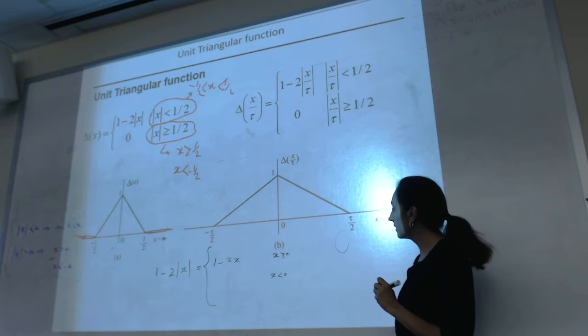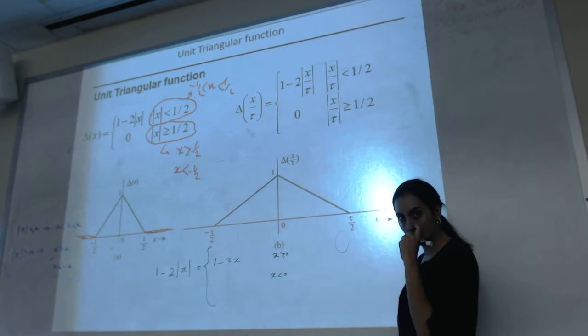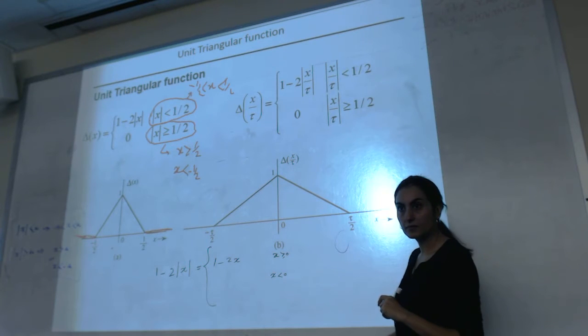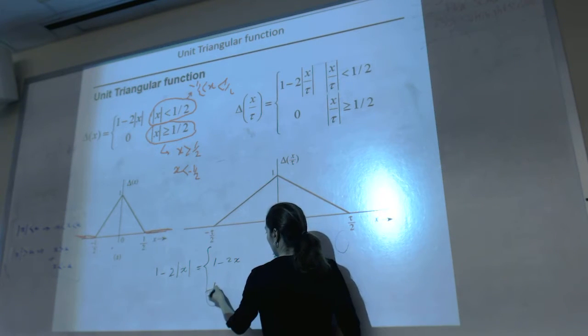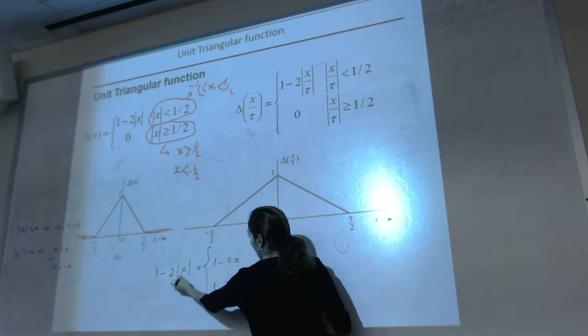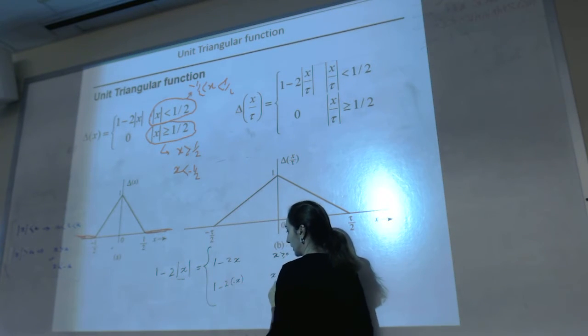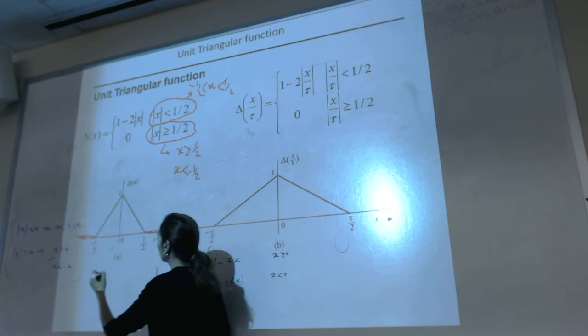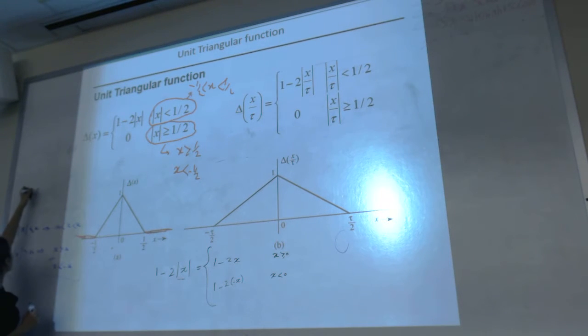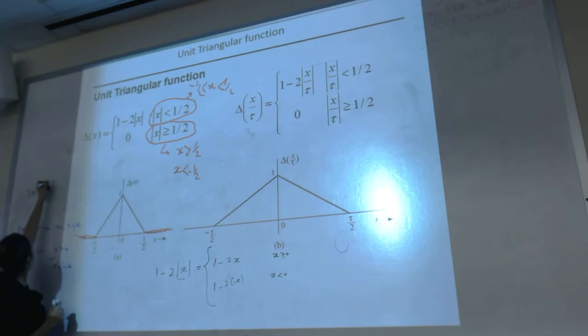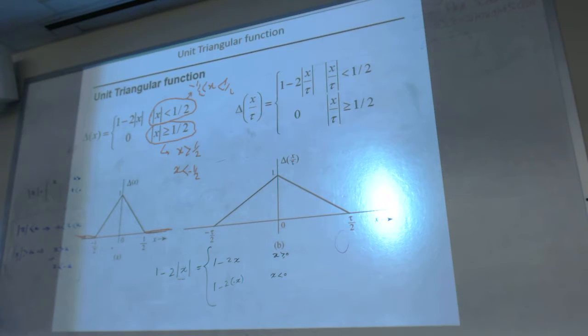It switches. Remember, absolute value of x is equal to x if x is positive, and equal to minus x if x is negative. For example, absolute value of negative 4 is 4. Okay.